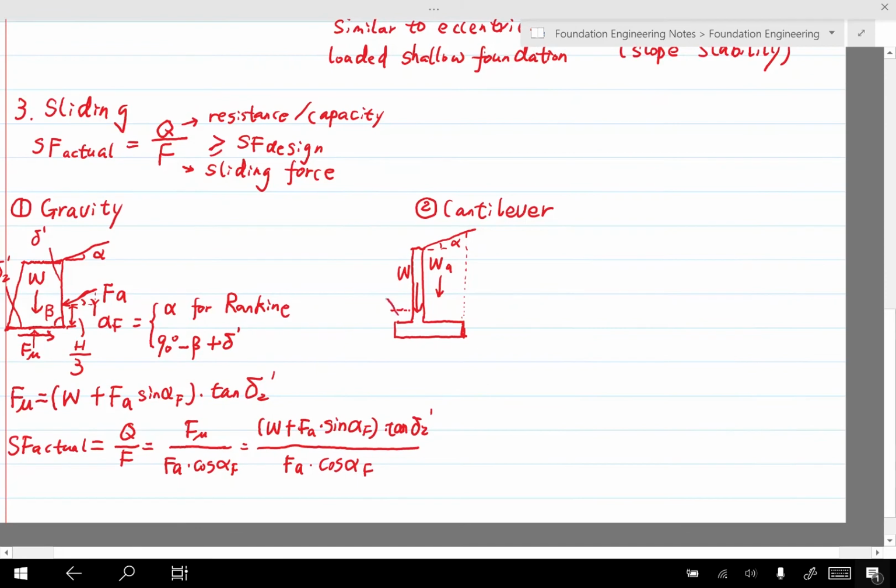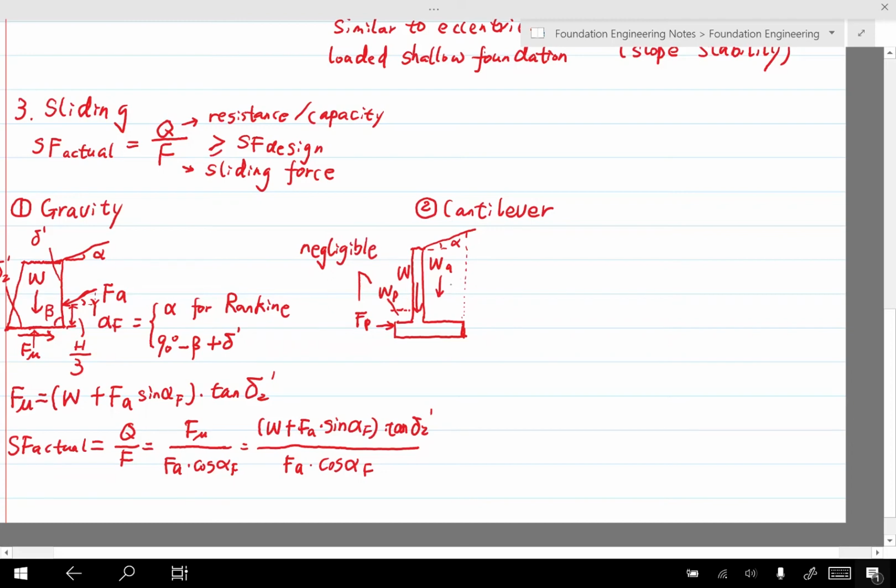That means we also have weight. That's the passive zone, because soil in this region will move passively as the wall moves against it. And we may also have FP, that's the passive pressure, but these two things are usually negligible, so we do not consider them.